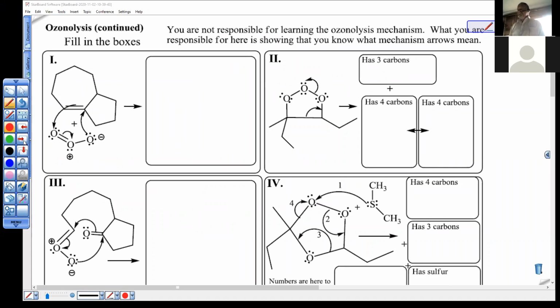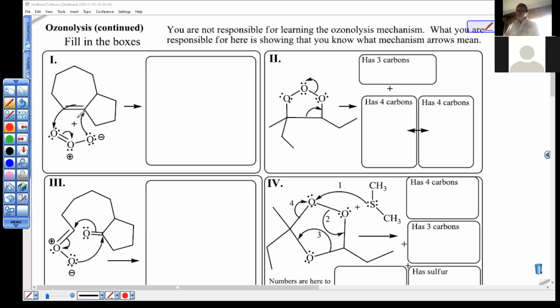In fact, I've got every step of the known mechanism for ozonolysis here, but I had to switch between different reactants each time, or else the answer here would be the beginning point for the second step, and I don't want to do that. But there's a clue there. You're going to be drawing something a little like this over here. But don't even use that clue, just use the arrows.